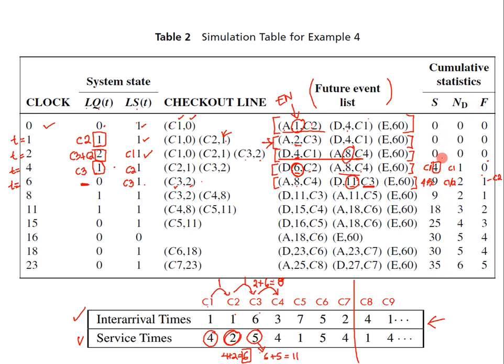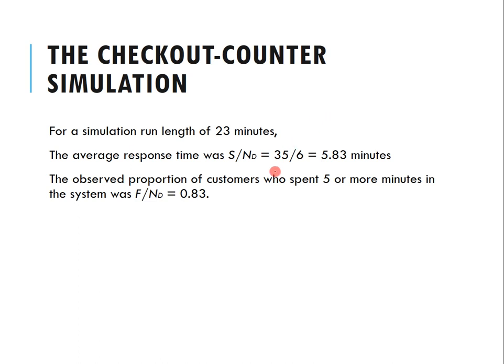At the end, our goal is to get the average time a customer spends in the system at the checkout counter. The simulation time shown in the previous table is 23 minutes only.